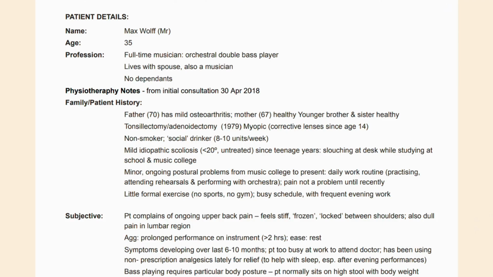The patient's profession and these details are not relevant for this case because we are writing back to the same doctor who referred the patient. So we don't need to repeat the point again. We can skip the professional detail, but we can write orchestral double bass player because it's semi-relevant, as the patient has this complaint because of that professionally. Okay, we can include that.